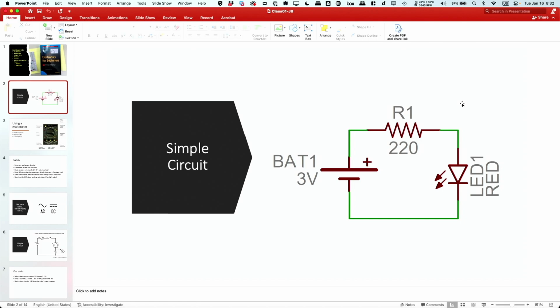Because we know that the LED only allows the current to flow one way. Good. Let's say there wasn't even an LED here. Which way does current flow? It goes from positive around to negative. Okay, so current flows from positive to negative. Why is it? Let's not get into carriers yet.